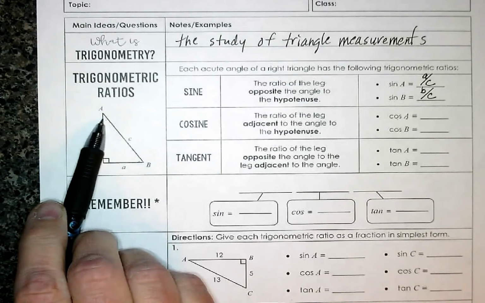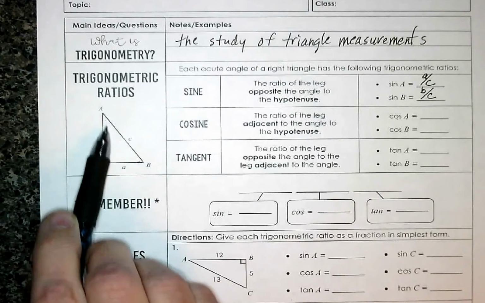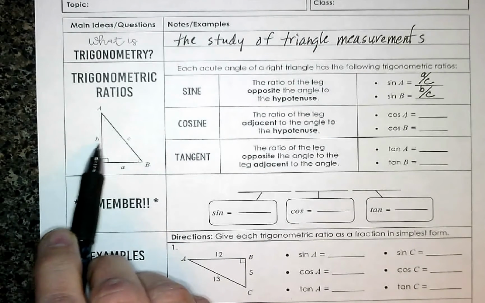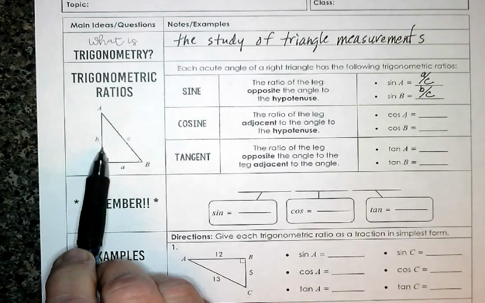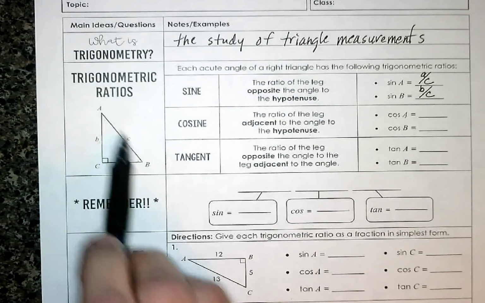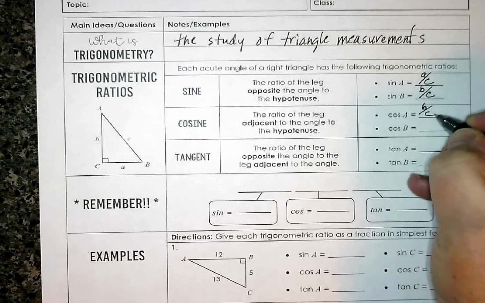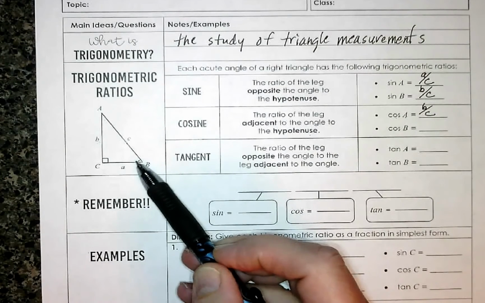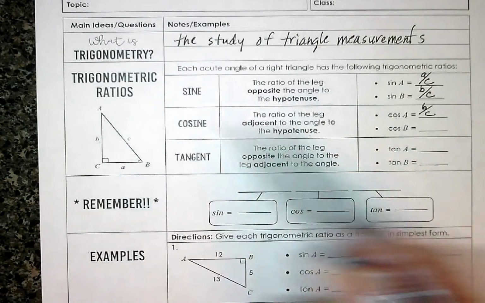This first one is A. The adjacent leg is going to be the one that's joined right at it, and the hypotenuse makes the other one. So B over C. If I'm talking about angle B, the adjacent one there is right next to it. That's called side A, hypotenuse is side C.